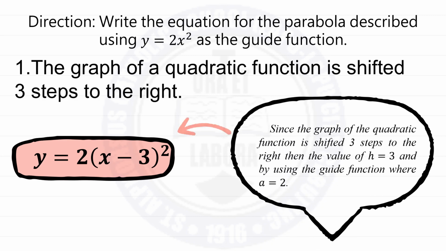Since the graph is shifted 3 steps to the right, the value of our h is a positive 3. And by using the guide function, where a is equal to 2, we arrive at our equation of the parabola: y equals 2 times quantity x minus 3 squared.